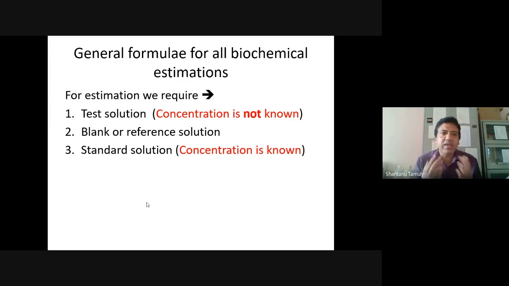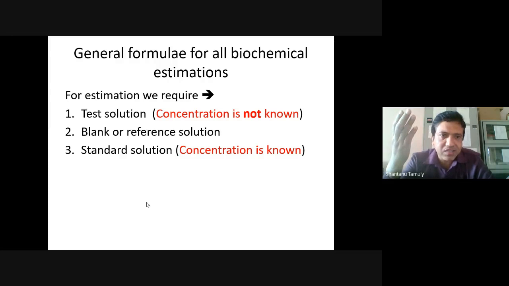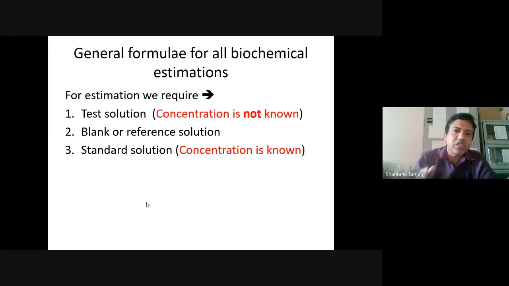I think you have already studied these things in your UG classes regarding spectrophotometry. Many of the estimations are done spectrophotometrically, and we will study the details of spectrophotometry in the coming classes.